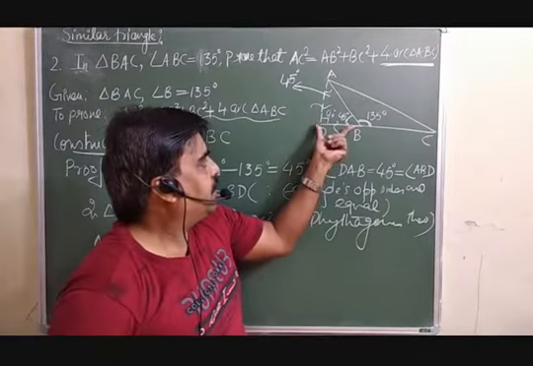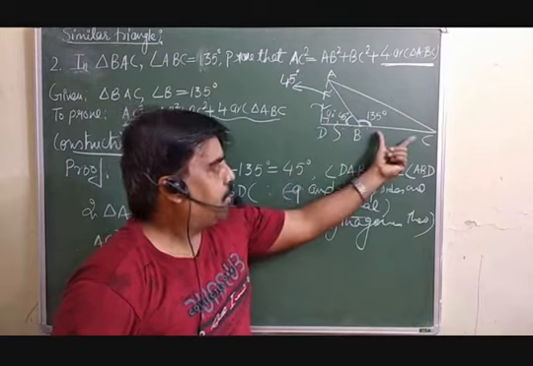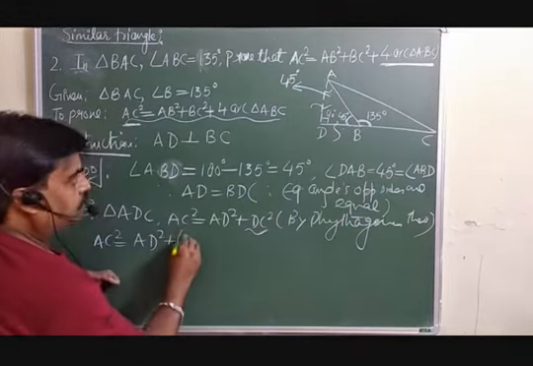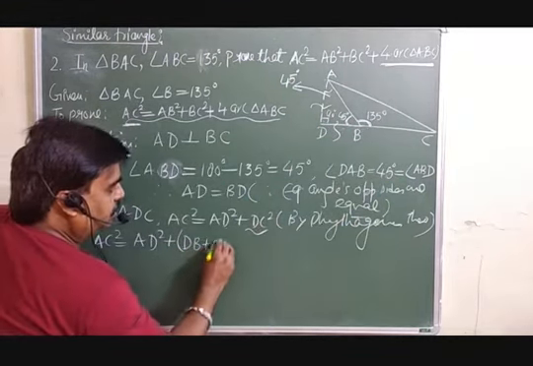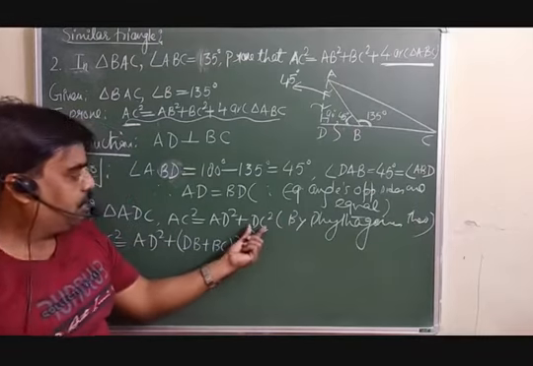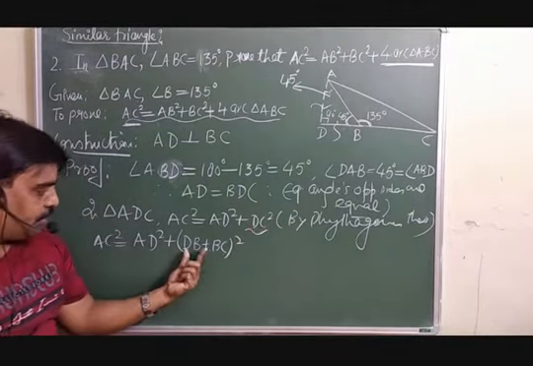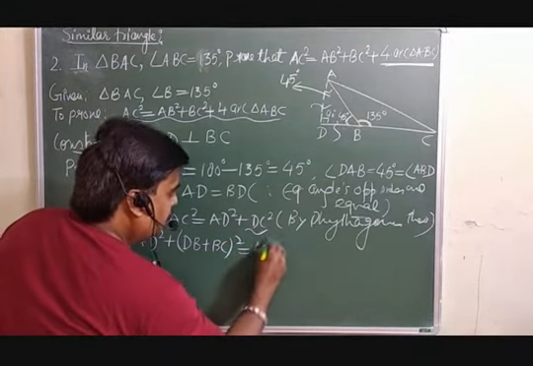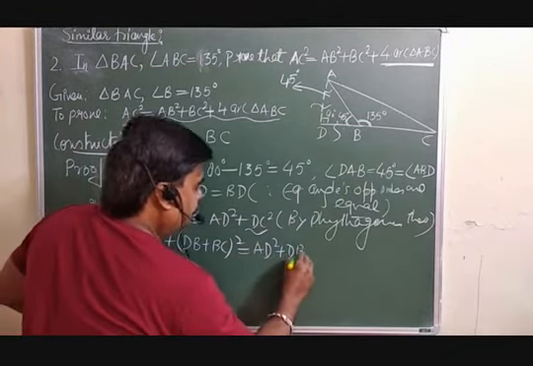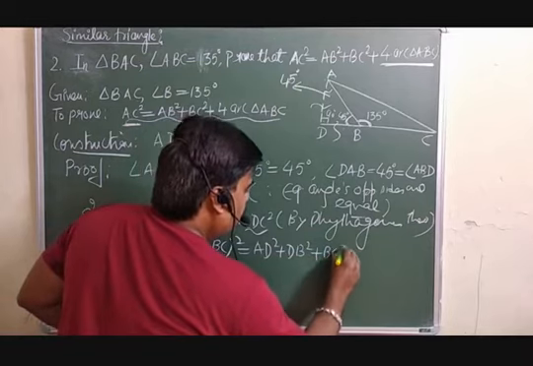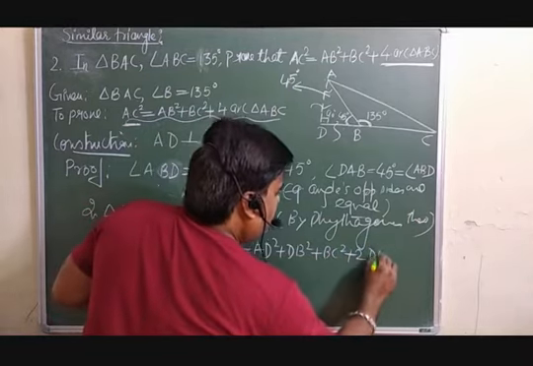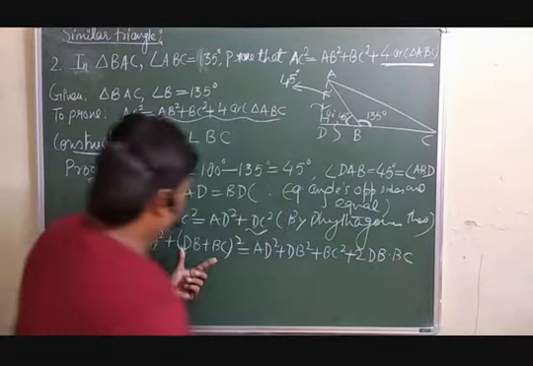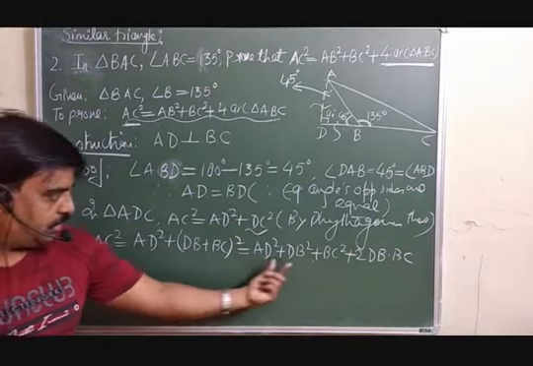This DC can be written as this DB plus BC, DB plus BC whole square in place of this DC. Now you can expand this, it is A plus B whole square. So what you will get? You will get AD square plus DB square plus BC square plus 2 into DB into BC.